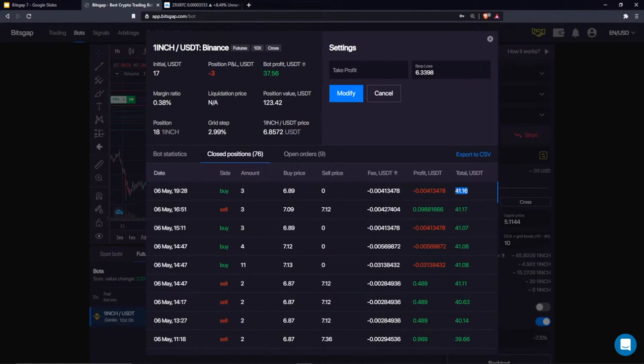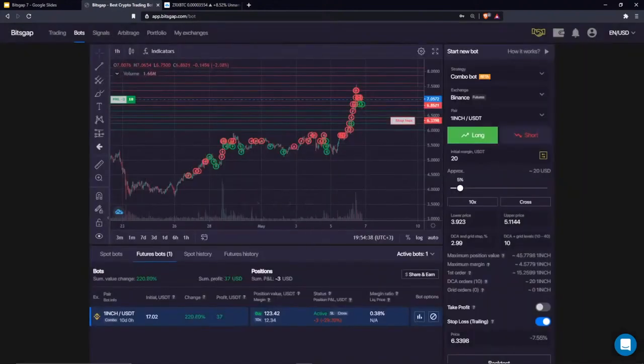The latest net profit was 41. And since we have our P&L -3, 41 -3 is around 37.5. So that's why this sum profit is 37, and that's the only key metric for you guys to monitor.